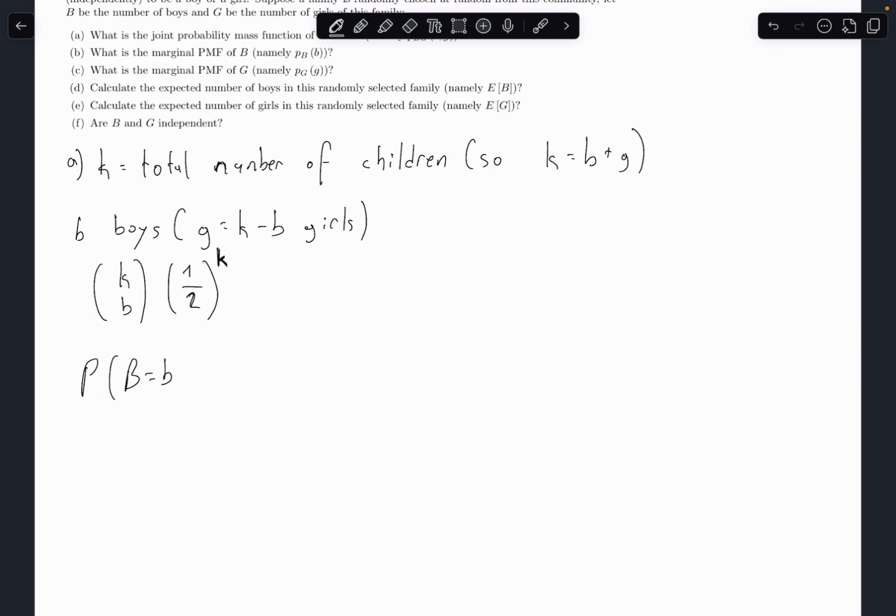The probability that the number of boys equals B and the number of girls equals G equals the probability that the number of children equals K, multiplied by the probability of being a boy or a girl.